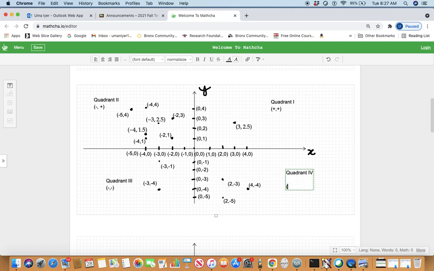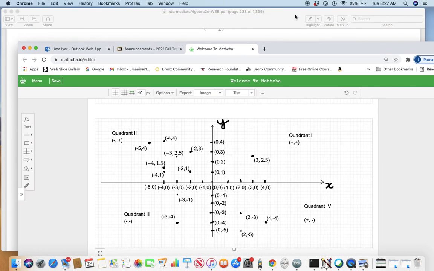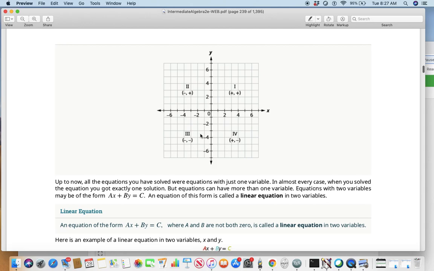X is positive, y is negative. All right. Continuing.